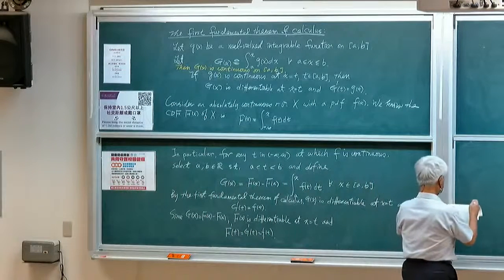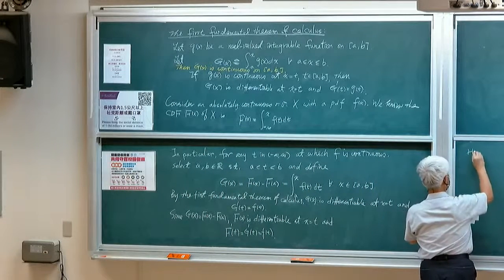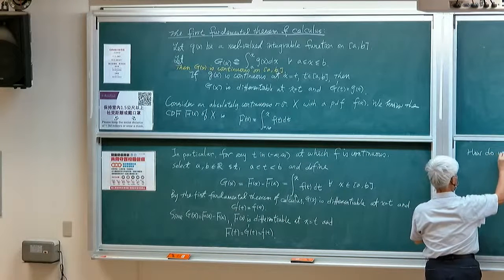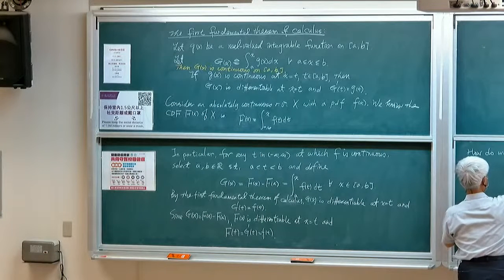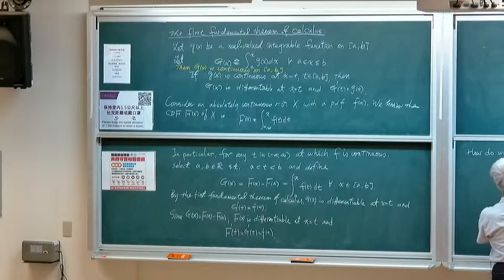And then the other question is, how do we know that a continuous random variable is absolutely continuous?